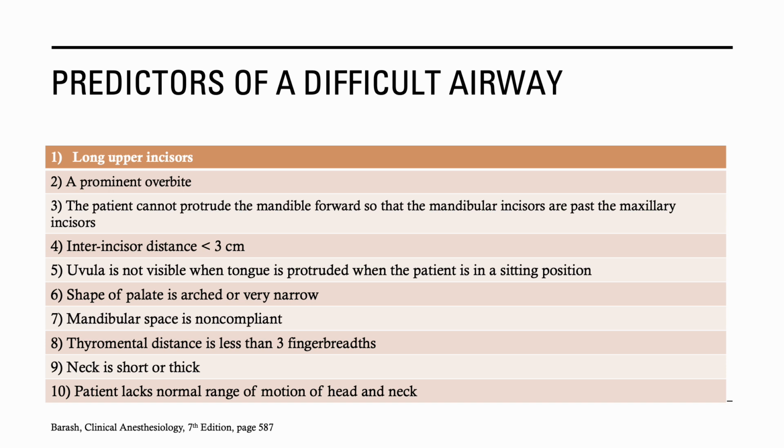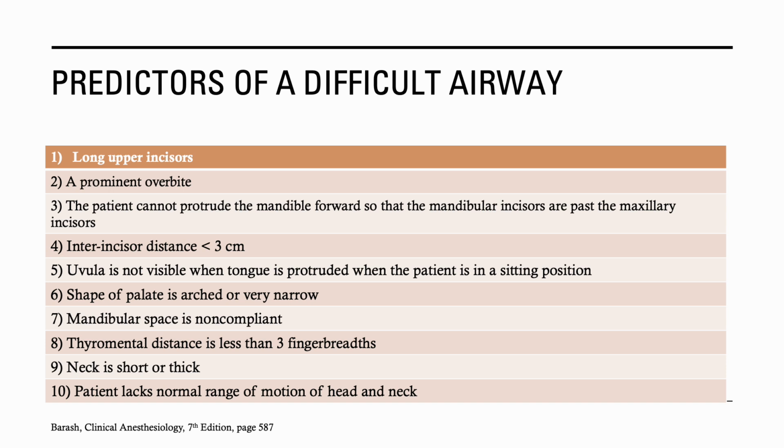I won't go through one by one all 10 here, but some of the more classic predictors of a difficult airway are number 8, thyromental distance being fewer than 3 finger breadths. The inability to protrude the jaw and bite the upper lip leads to a more challenging airway.